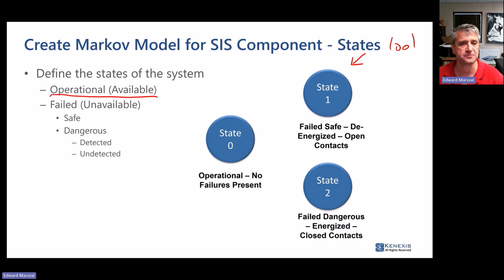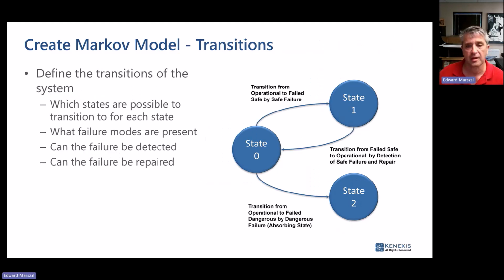So the number of states is going to grow exponentially as the number of components grows. All right, but nailing it down for our 1 out of 1 system here, we have operational, failed safe, and failed dangerous. The next thing we need to do is define the transitions. You start at state 0 and say, is it possible for me to go from the operational state to the failed safe state?